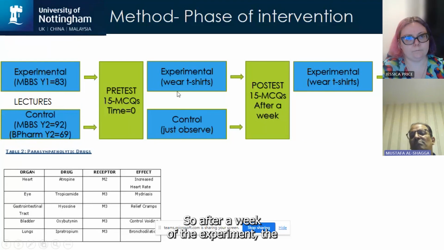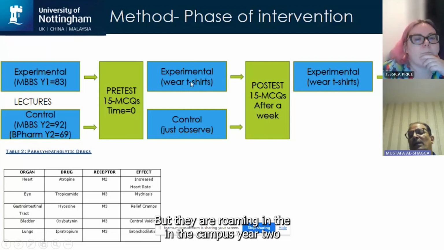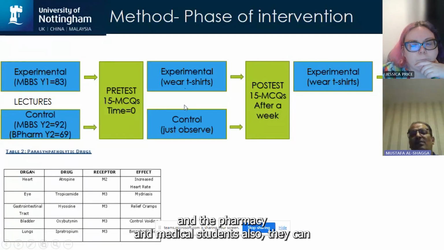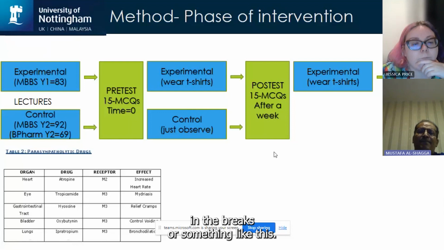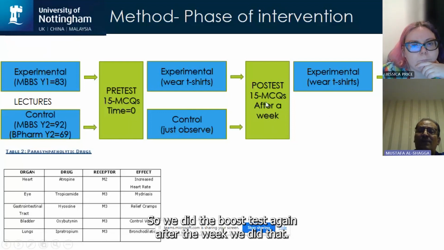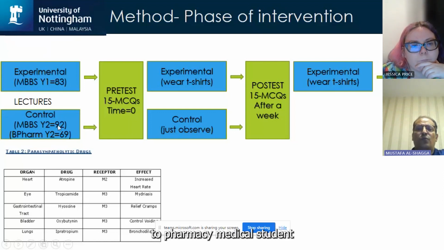So after a week of the experiment, the t-shirts were worn by year 1 students, roaming in the campus. Year 2 and the pharmacy and medical students could also observe them or see them in the breaks or something like this. So we did the post-test again after a week, for all the students, year 1 as well as year 2 pharmacy and medical students.